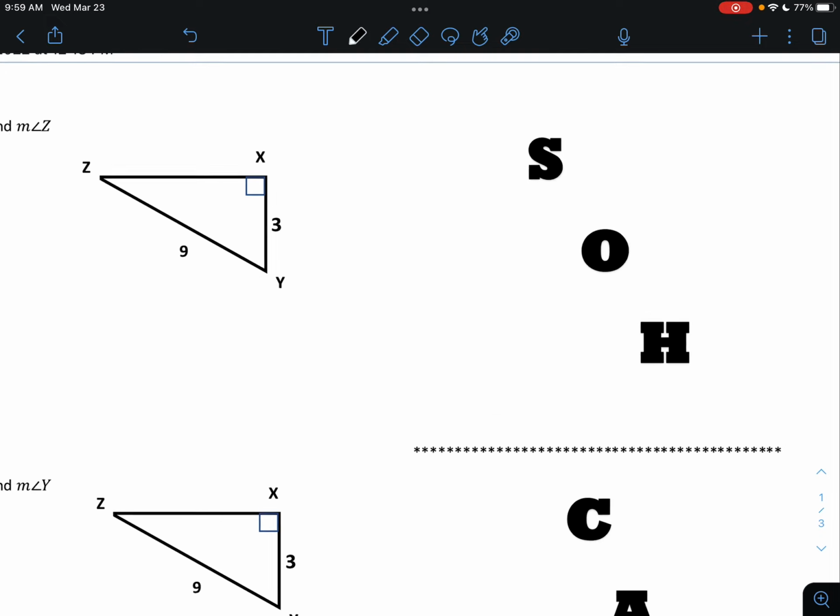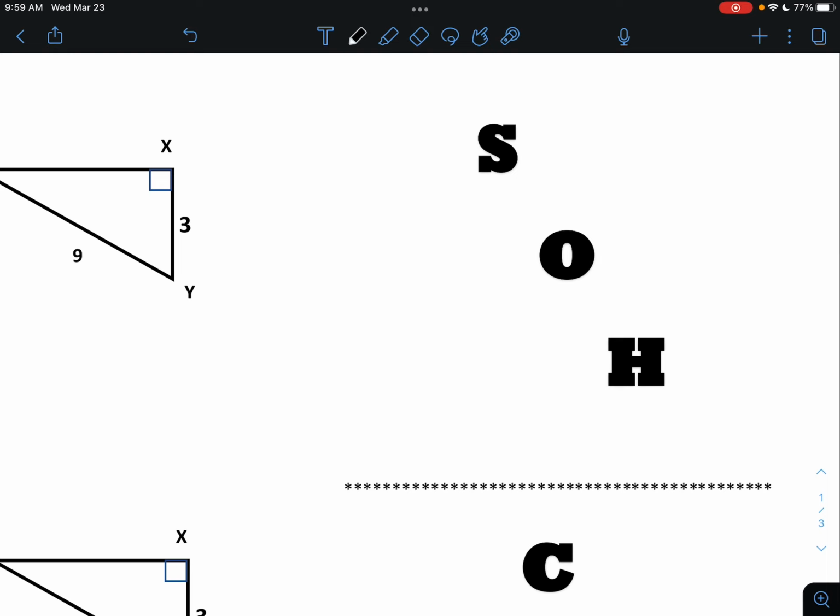On the right side, where it says SOH, we're going to write the rest of the word sine right here. That's S-I-N-E, and that is abbreviated S-I-N. So that's our first function.